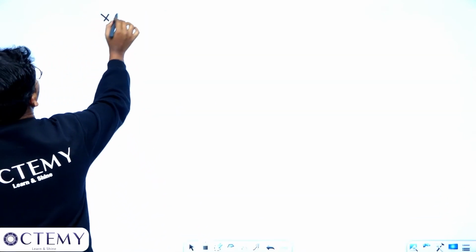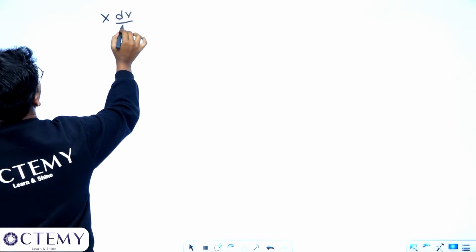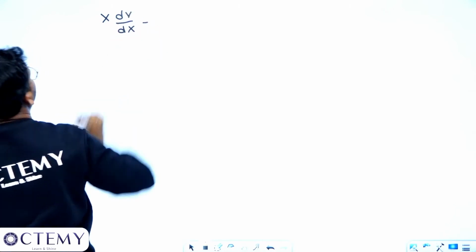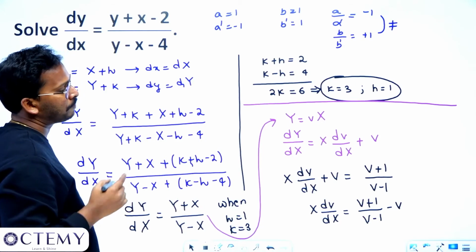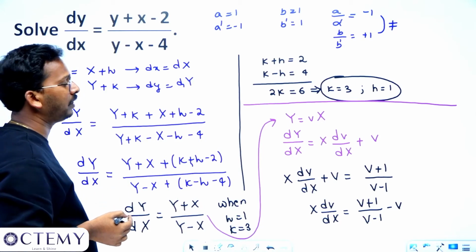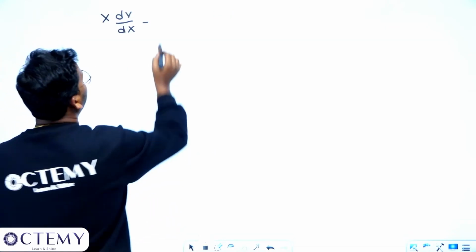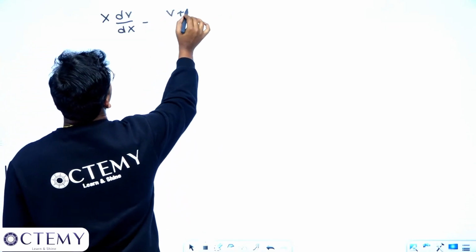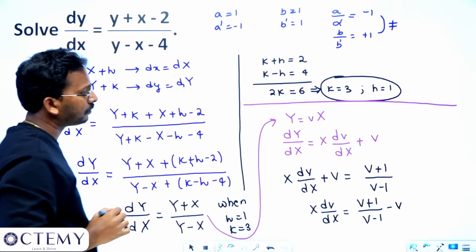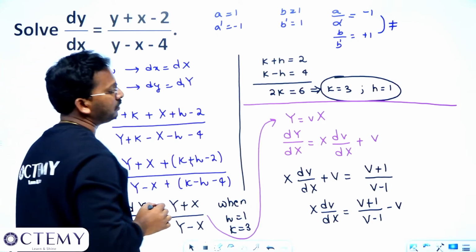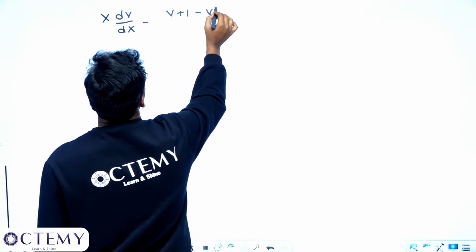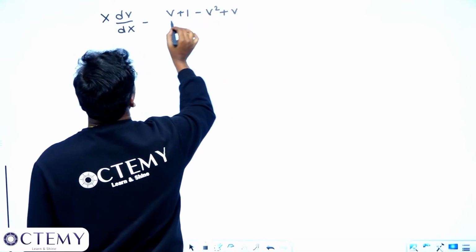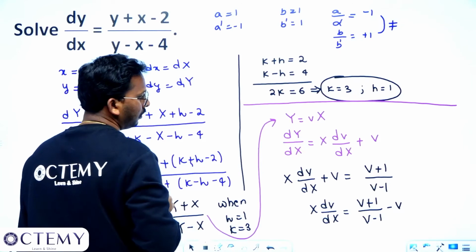So this will become X dv/dX equal to, see what it is becoming? That will become (v + 1 - v(v - 1))/(v - 1), isn't it? So v plus 1 minus v square plus v, divided by v minus 1.